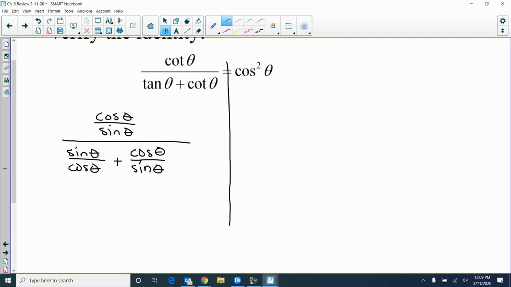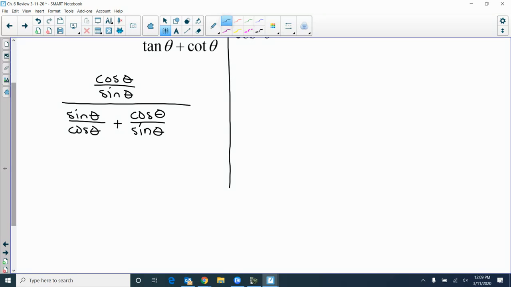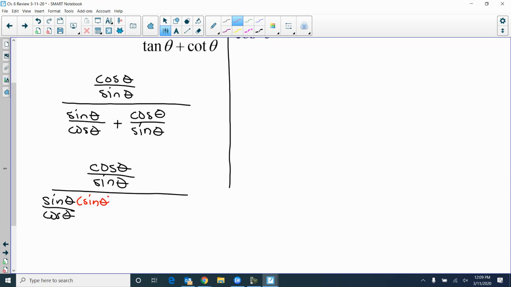So the numerator stays the same. Bless you. Okay, so for the first one, we gotta add sine of theta to the numerator and denominator.